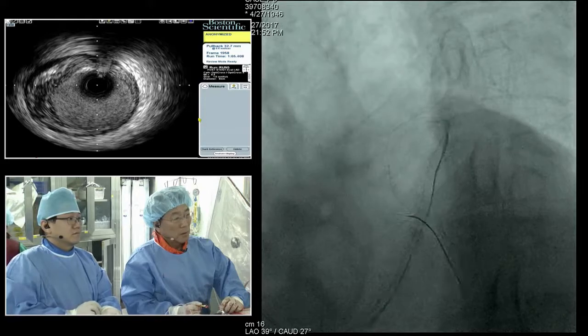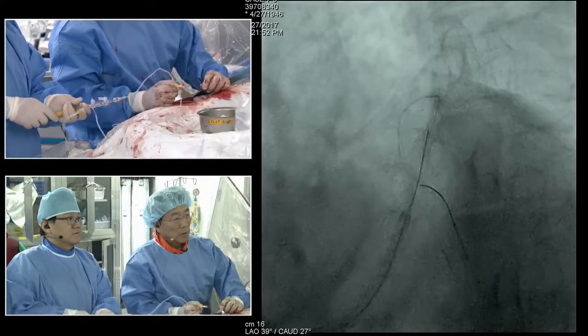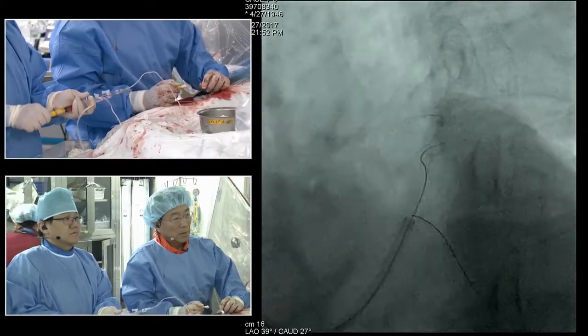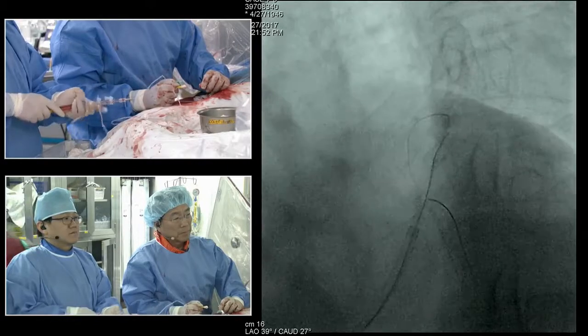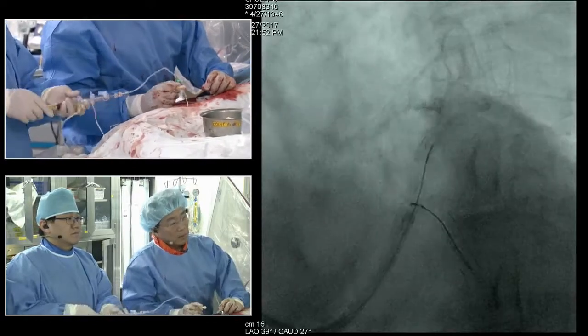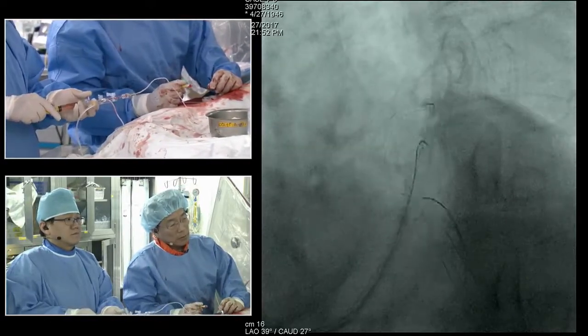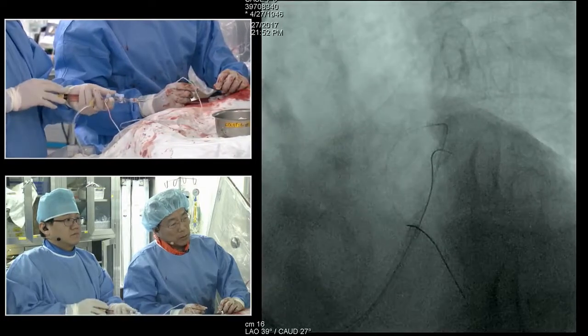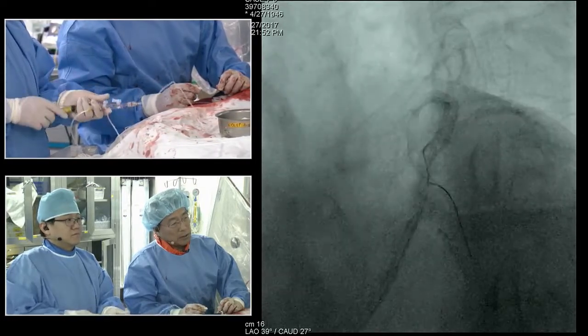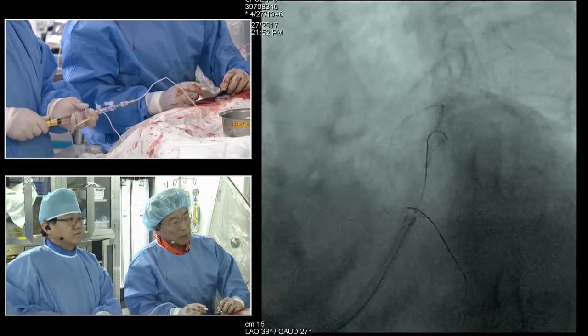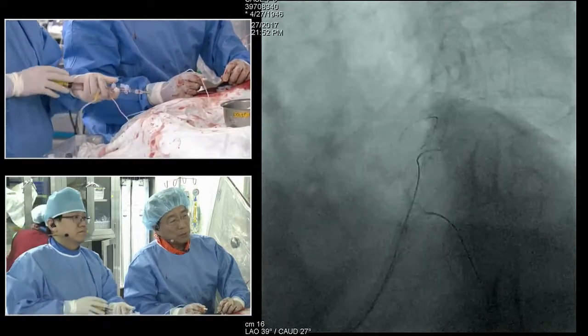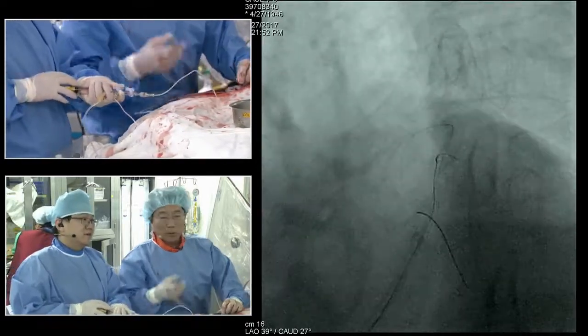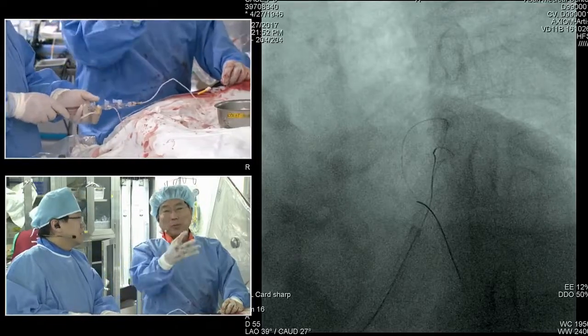That's great. Maybe it's a good reason to perform a POT with a 4.0. Yeah, I think so. Okay, you want to do that. Could you check also, if you easily cross to the side branch, we have to do the kissing balloon inflation. And so we're going to do overlapping 2 stents for the proximal part.